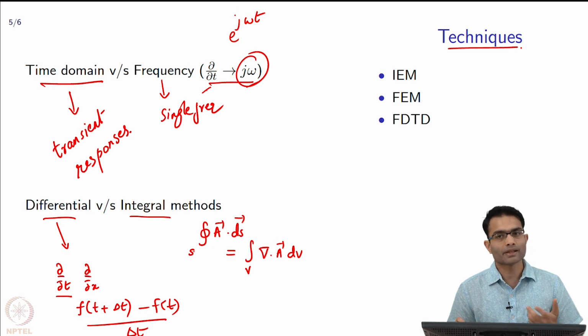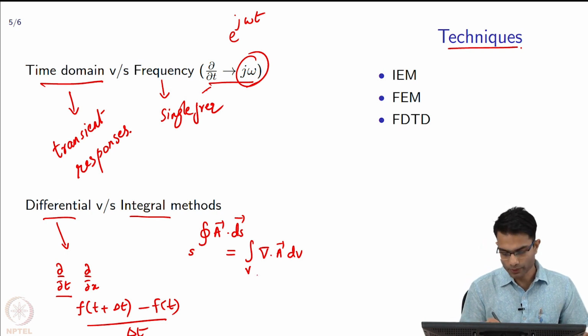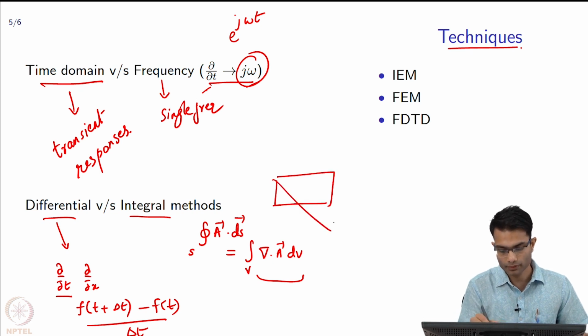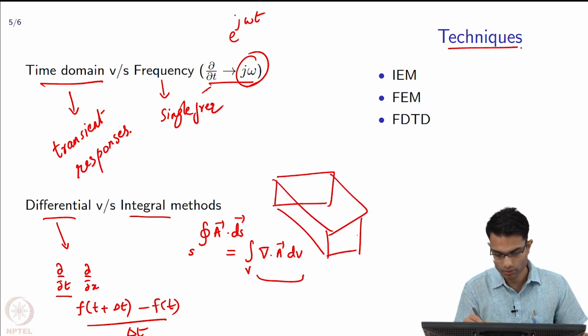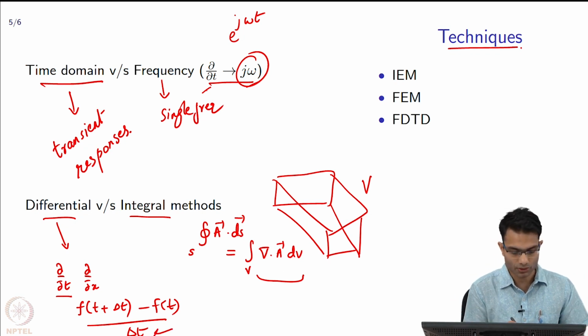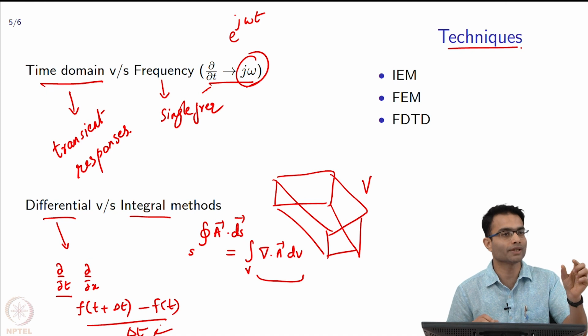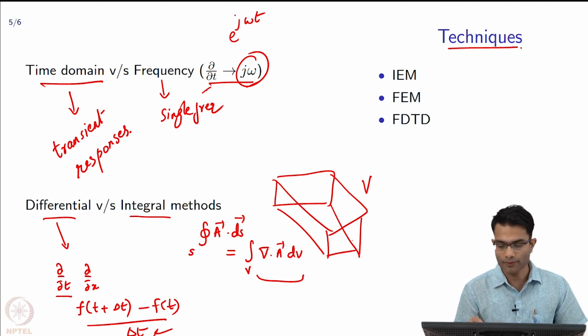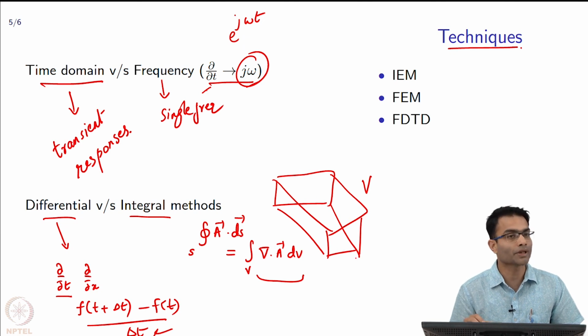Now when I use integral equation methods, let us look at this, and let us say I have some volume V. Now if I want to solve the system of equations numerically, as I said, we must do this chopping up into small dx, dy, dz, dt. So on the right hand side, I have to chop up this entire volume into small cubes, right. That is what will happen.